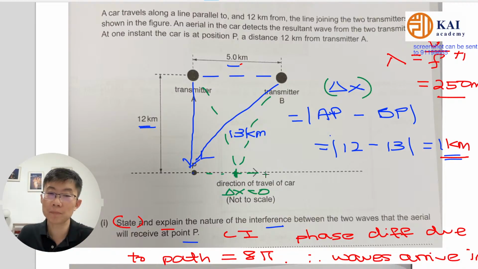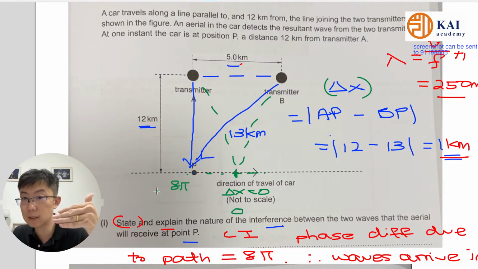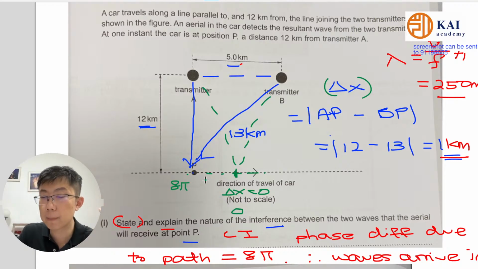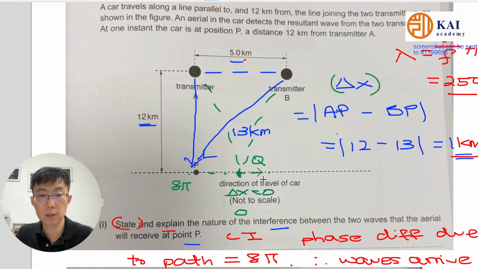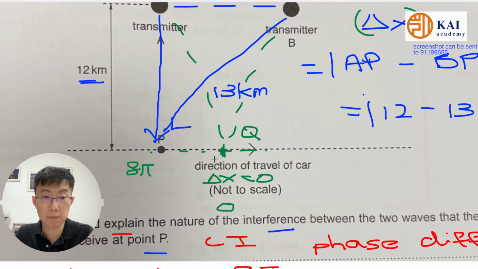If you recall, this was previously a phase difference of 8 pi. At the midpoint, the phase difference was 0. If your examiner wants to test even deeper understanding, they may ask you to calculate, for example, how many maxima or minima will be detected when it moves from P to the equidistant position. Let's call this point Q. When it goes from P to Q, how many maxima and minima will be observed?